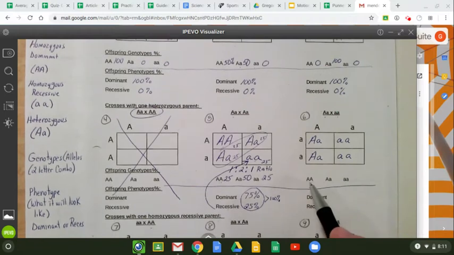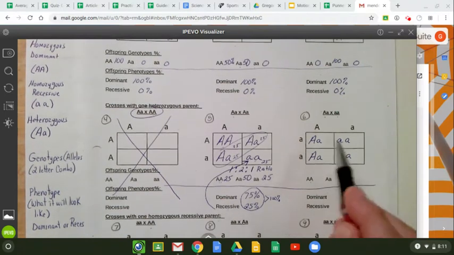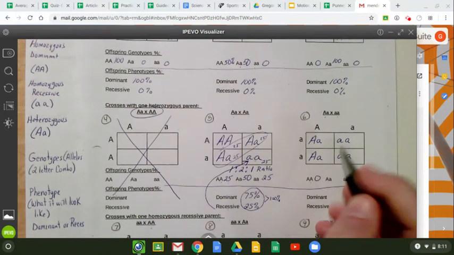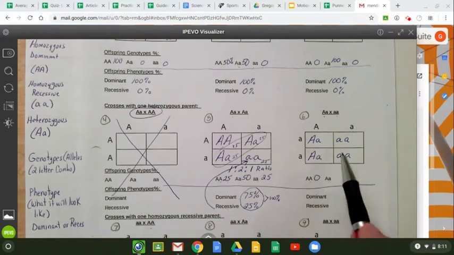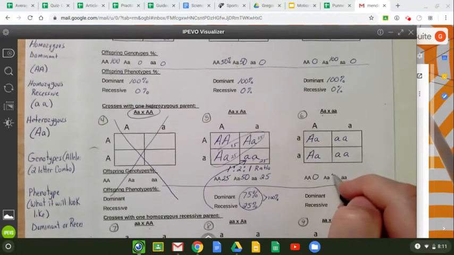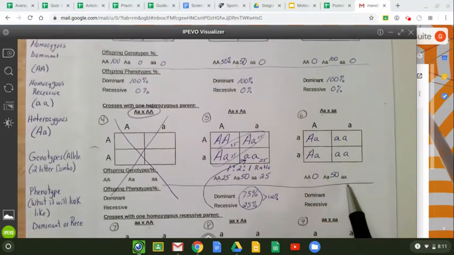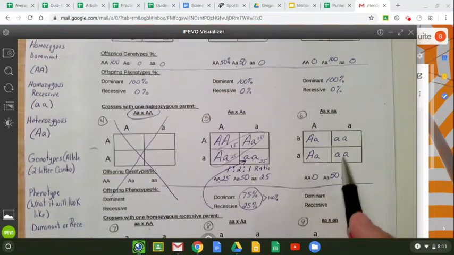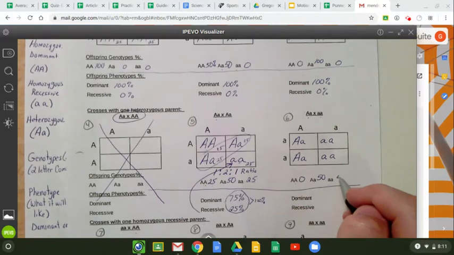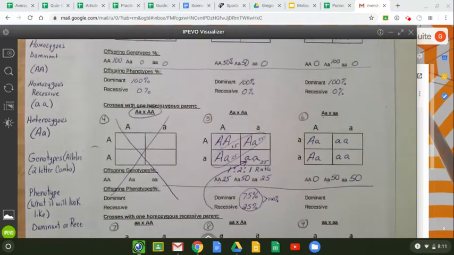All right, so genotype percentage. What do we see here for homozygous dominant? I don't see any. How about for heterozygous? Well, I see 2 out of the 4. Okay, 2 out of 4 is 50%. And then what do I see for homozygous recessive? Well, I see 2 out of the 4 boxes. That's also 50%.